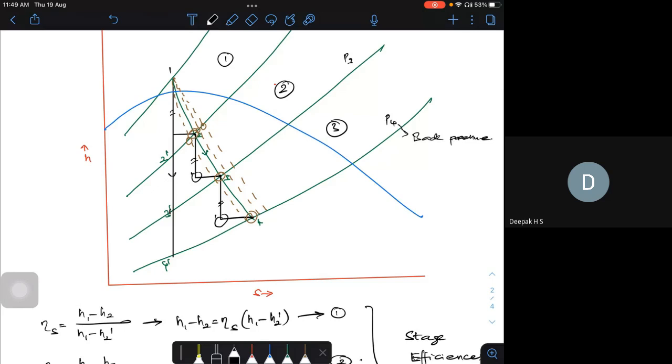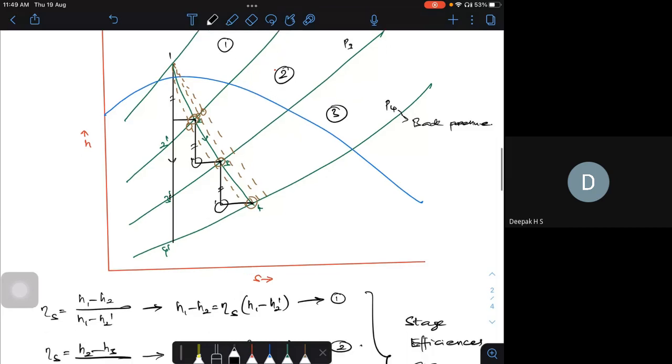For the second stage, H2 minus H3 is my actual work done, and I can write H2 dash minus H3 dash as the isentropic work done. Then H3 minus H4 is the actual work, and H3 dash minus H4 dash is the isentropic work done. I can write it for each and every stage like that.